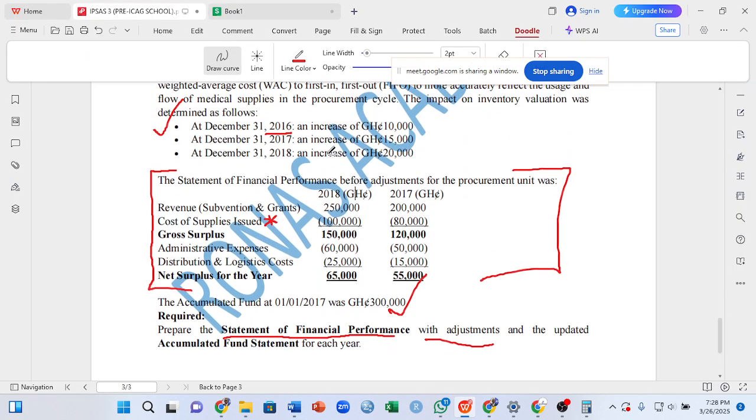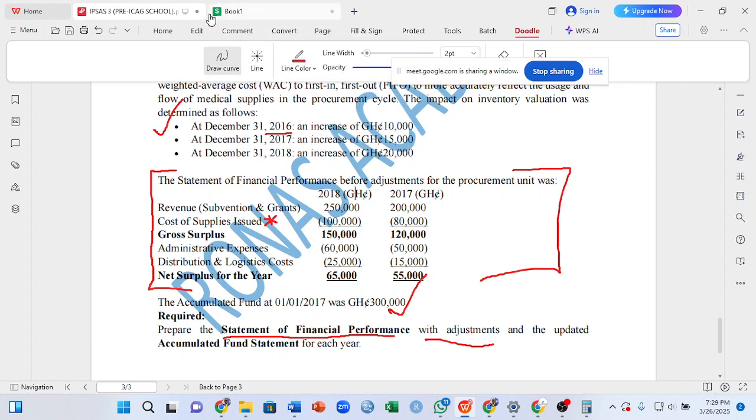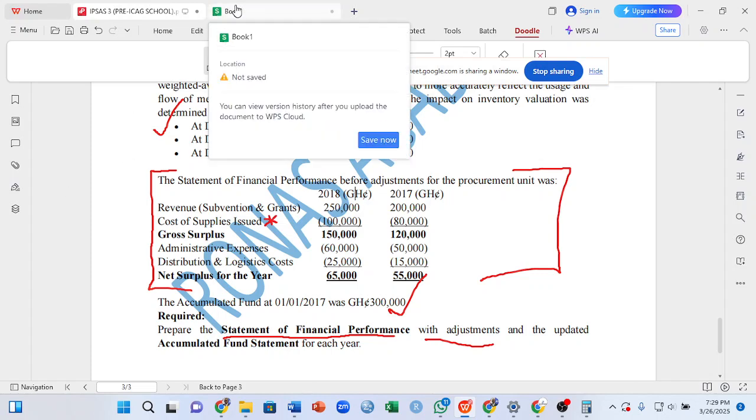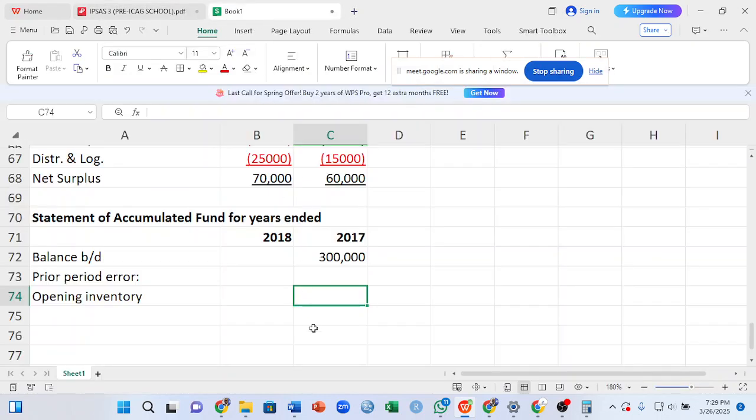Do I get you? Yes. Okay, so which figure are we adding? What's the opening for 2017? The opening for 2017 is 10,000. Are you sure we are adding?